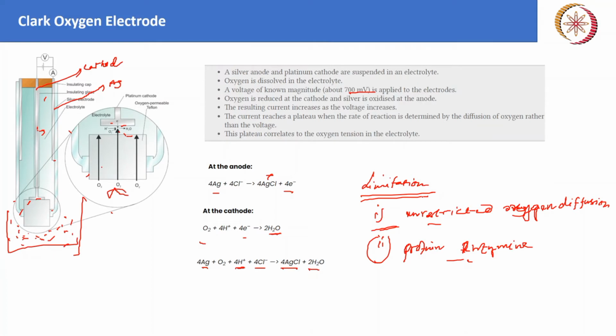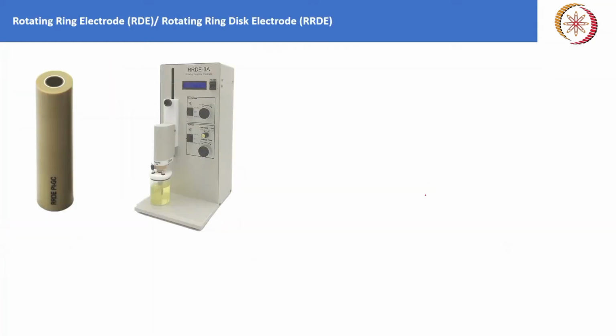So these things we know, and after that we have discussed the RDE and RRDE. RDE is the rotating disc electrode, and RRDE is the rotating ring disc electrode.